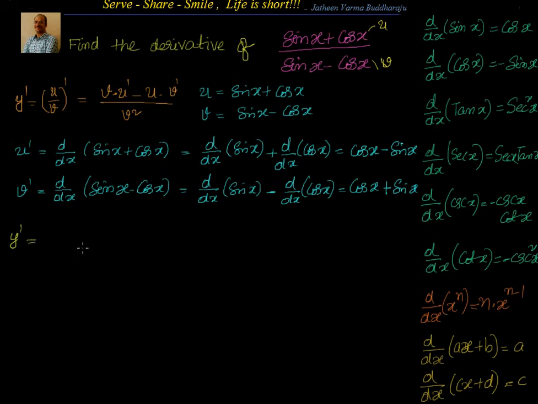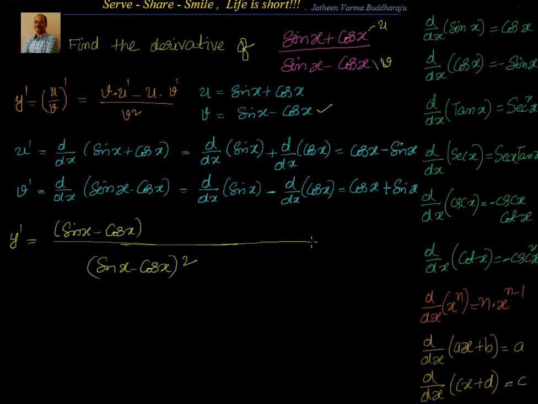y dash equal to, v square. What is our v? v is sin x minus cos x, so I'll write down sin x minus cos x whole square. v into u dash: v is sin x minus cos x, into u dash. u dash we just found is cos x minus sin x.